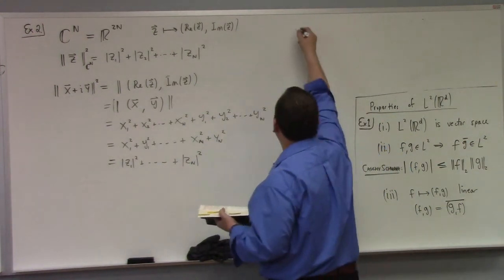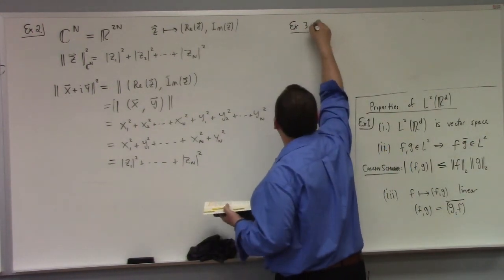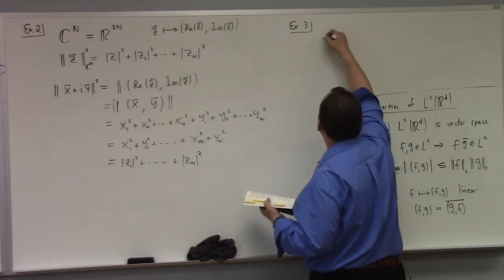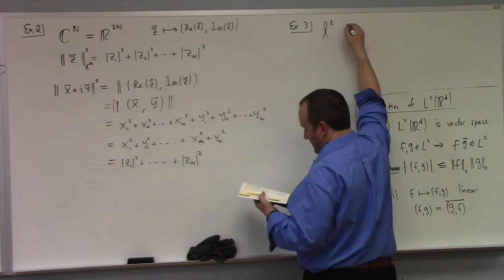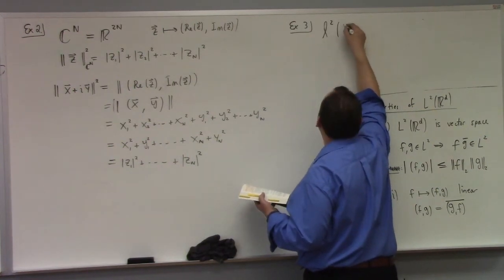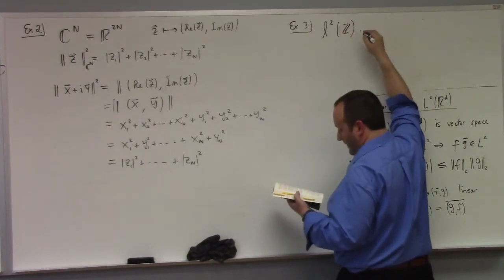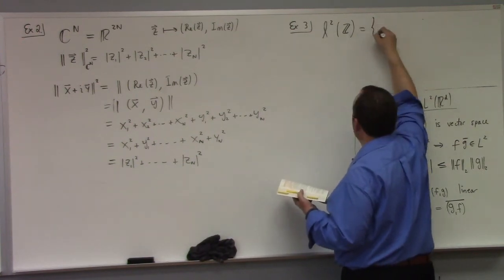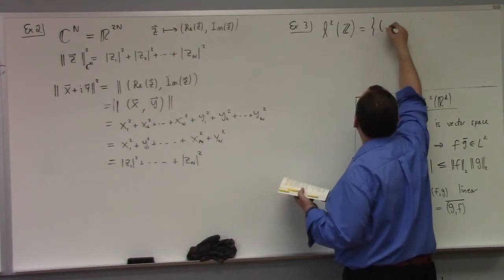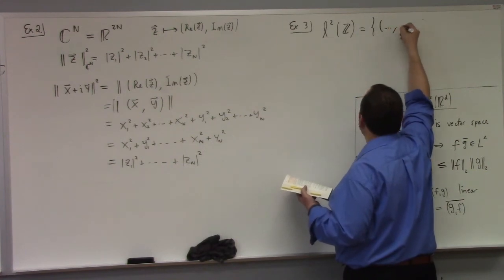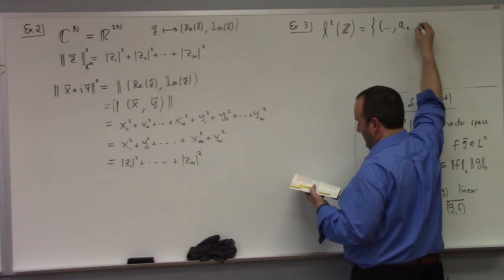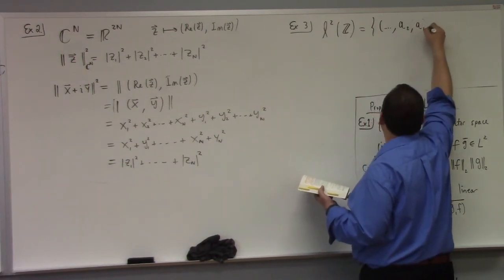Example 3 is what he calls L2(Z). L2(Z) is the set of sort of doubly infinite sequences. They've got no start, they've got no ending.